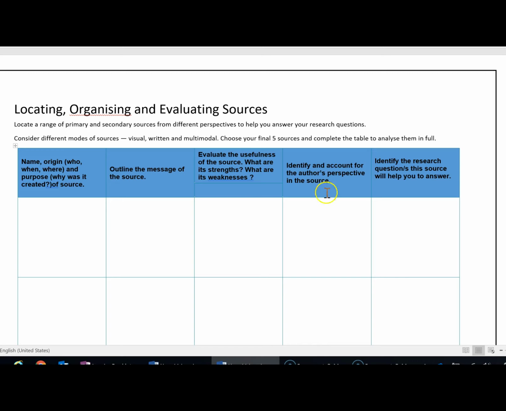Okay, now over here we've got identify and account for the author's perspective in the source. So what you've got to work out is, okay, what is the perspective? Again, I'm going to use J.D. Rockefeller as an example. His perspective is basically his personal perspective about his own life. So we're looking at a personal perspective about that person's own life.